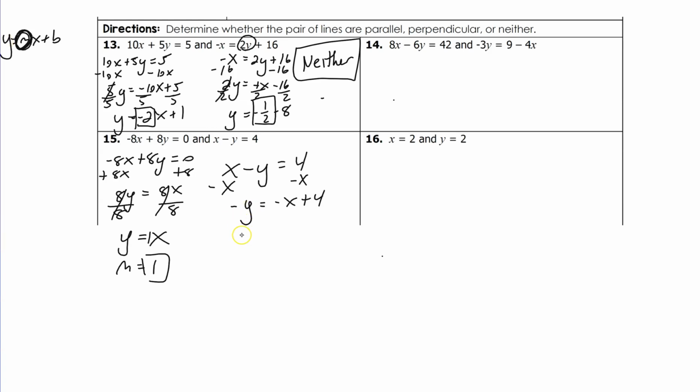So I'm going to multiply everything by negative 1, which just means change the signs. y equals x minus 4. So there is an invisible 1 here, correct? So that makes this slope 1. Are the two slopes the same? They are. So these lines are parallel to each other.